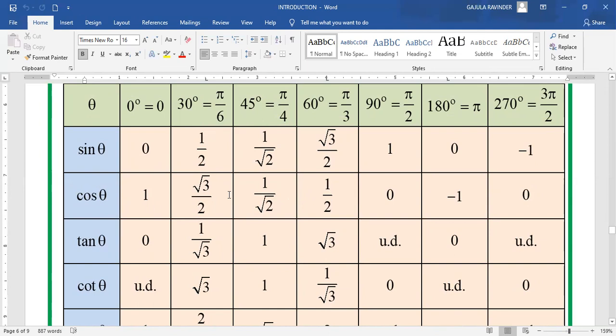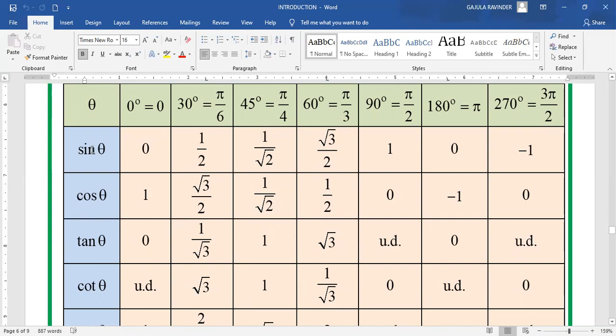See, cos 60 degrees is 1 by 2, whereas cos 90 is 0. Like that, for example, tan 45 degrees is 1. So here UD is nothing but undefined.